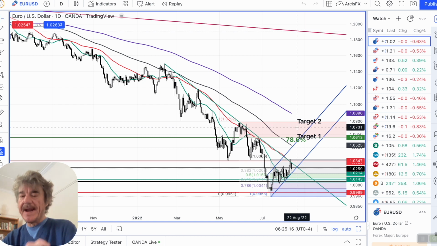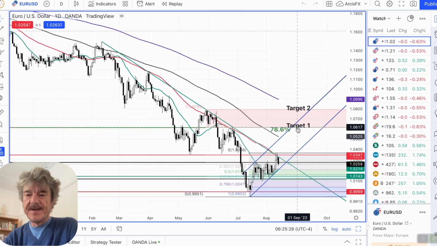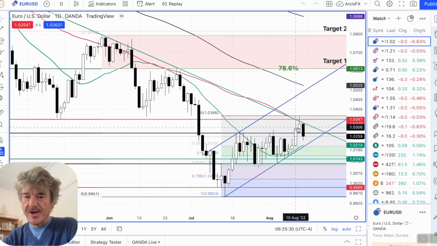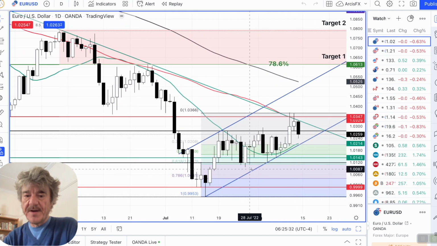So that's my plan. Now, I could be wrong, and I'm quite open to being wrong. As I said, I'm not married to this idea. Therefore, I need to have stop losses in place in case I am wrong. And the obvious place to put a stop loss, as I said earlier, is beneath this lower part of the range.